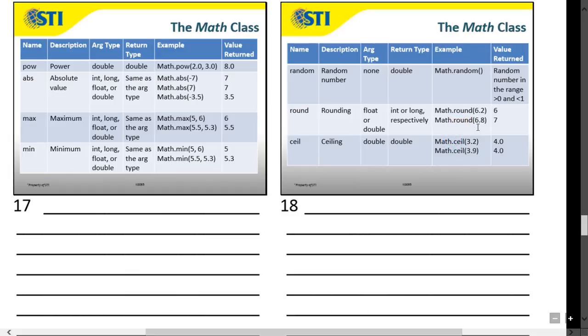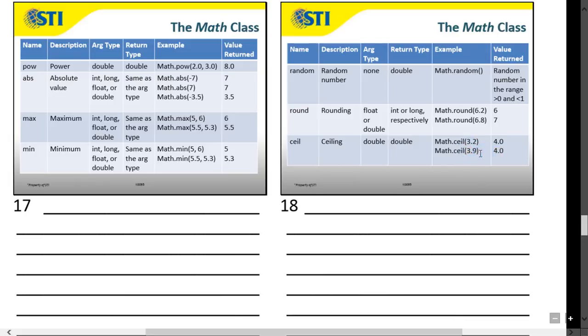While the ceil gives us the highest possible value that we can have with the double. So 3.2 gives us 4, because as long as it has a decimal value, it will give us the next higher integer, which is 4. Whether it is less than 5 or greater than 5, it will give us the next whole number.